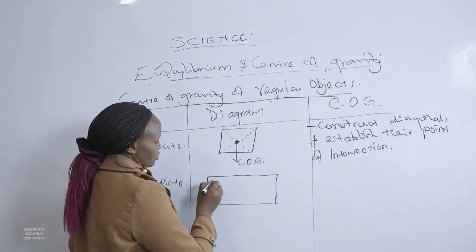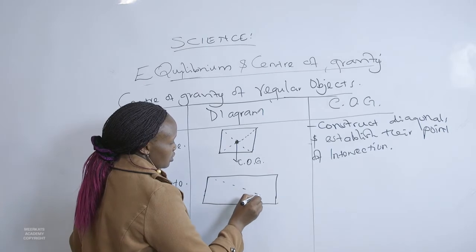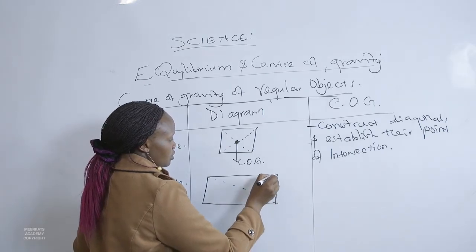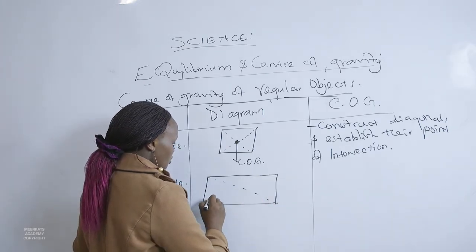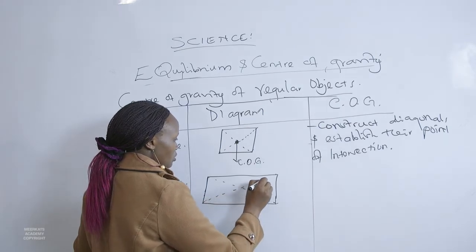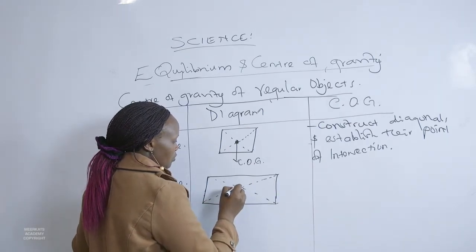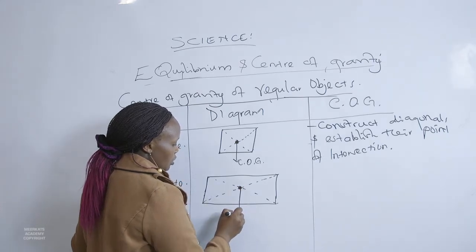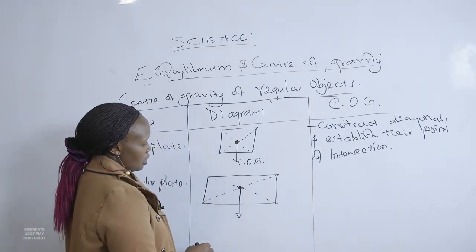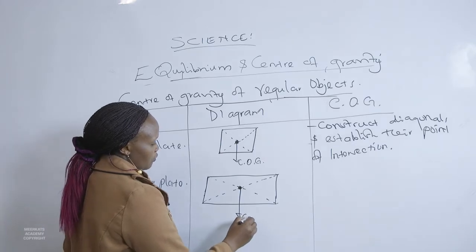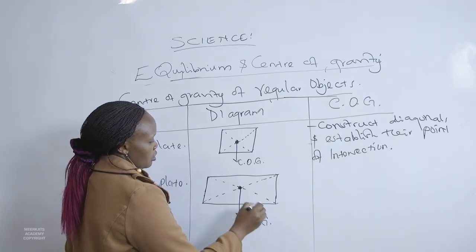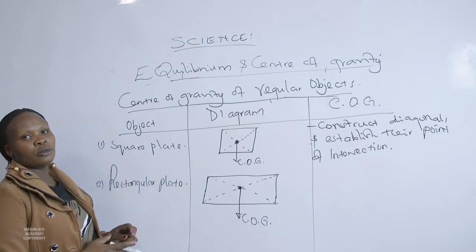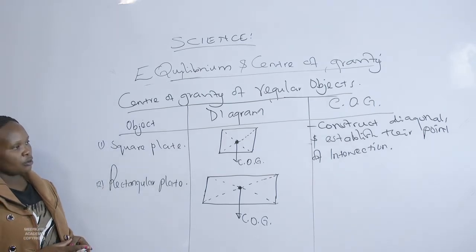Then we can construct the diagonals and find out if at all they intersect, and that point of intersection we can take it to be the COG.